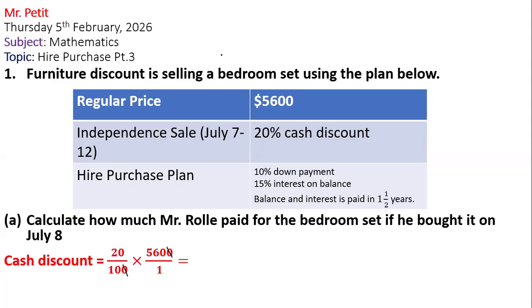Yes, the other 0. You could cross out those 0s, the 0 in the 100 and the 0 in the 5,600. Very good. I could also cancel out this 0 with this 0. So what am I going to be left with?